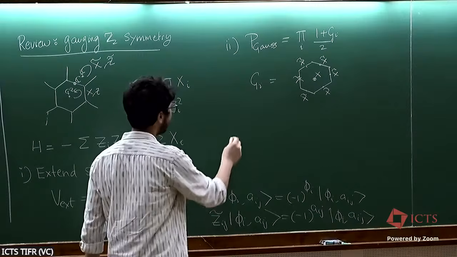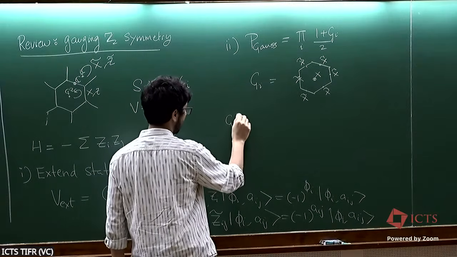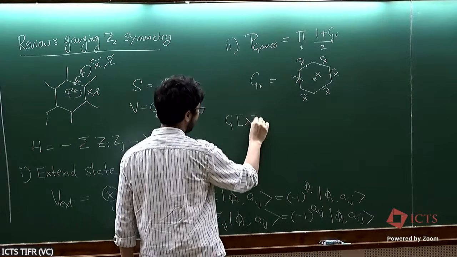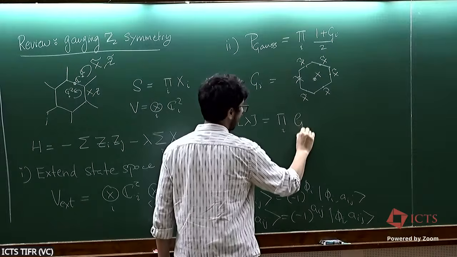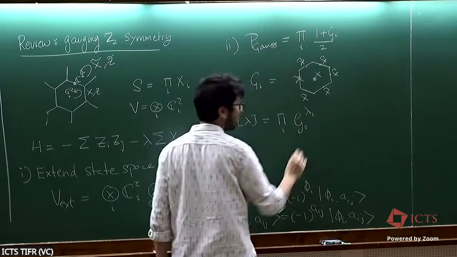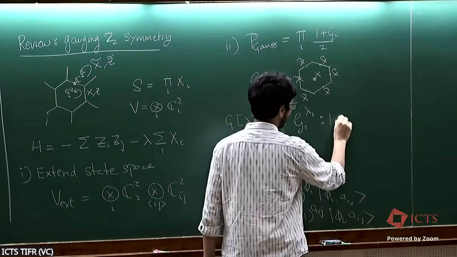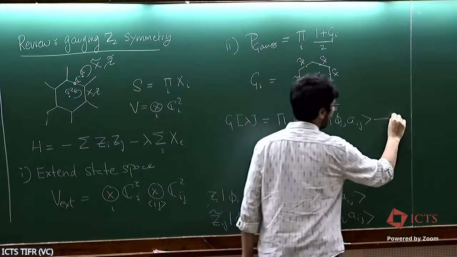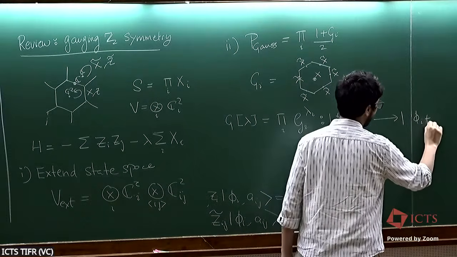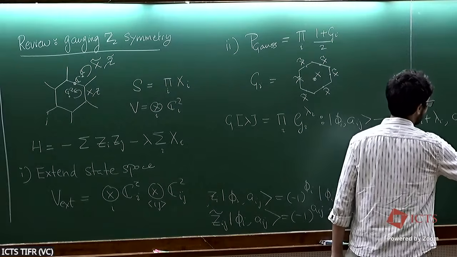Then one can see that this Gauss operator generates gauge transformations, as we're familiar. So I can define some G lambda, which is the product over i of Gi to the lambda i, where lambda is 0 or 1. And this just sends a state phi i, aij to phi i plus lambda i, aij plus d lambda.